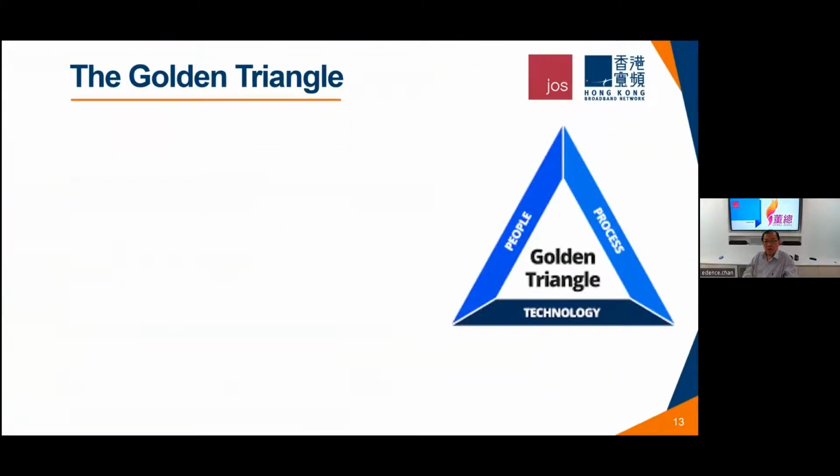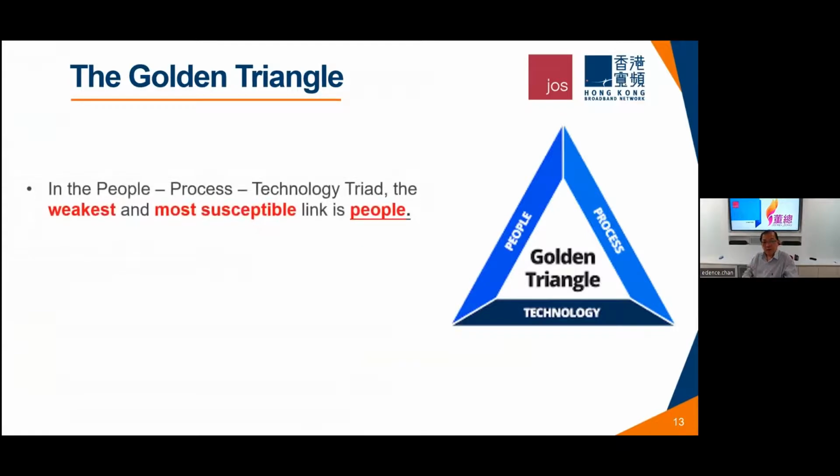Okay, the golden triangle. In most organizations, there are three elements that are critical to the organization. The first is the people, the second is the process, the third is the technology. Among these three, the weakest link is the people, because people tend to have weaknesses.